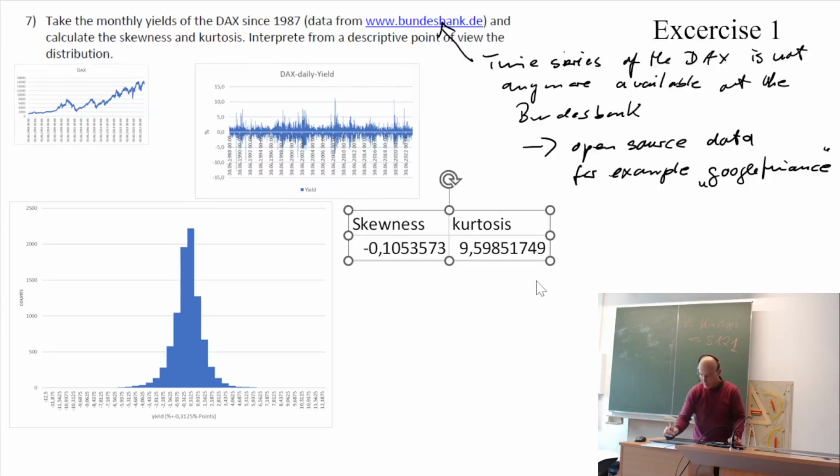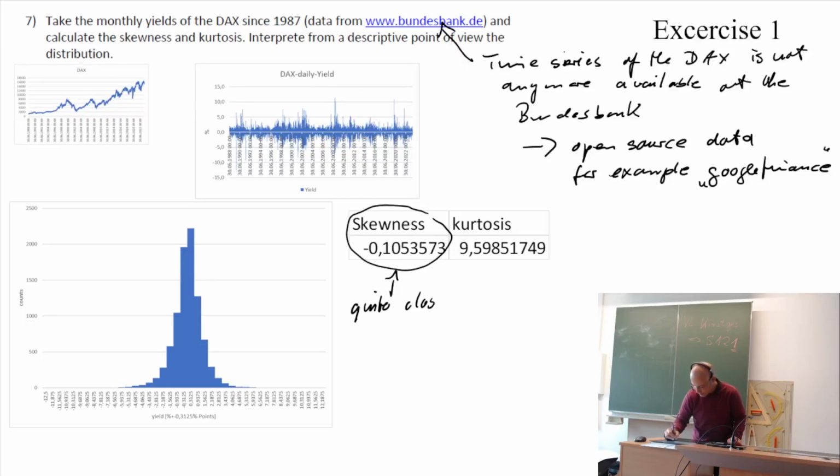And then we see that this is quite close to 0.